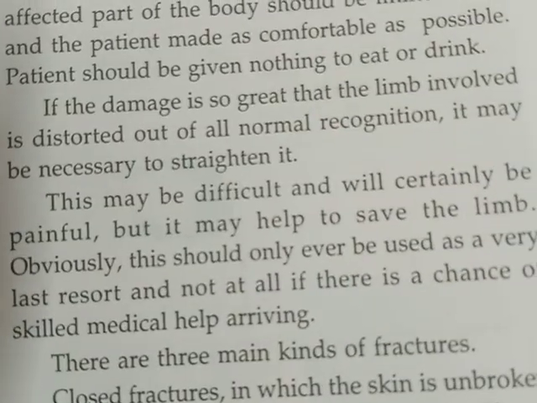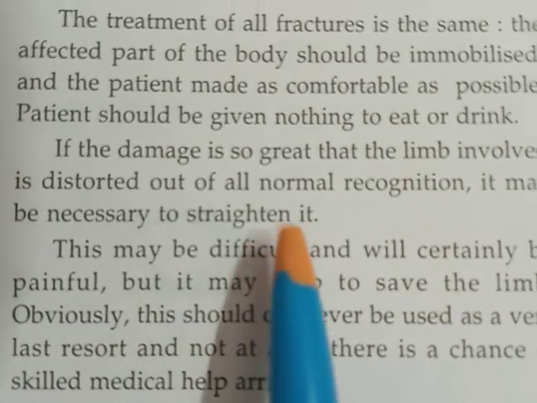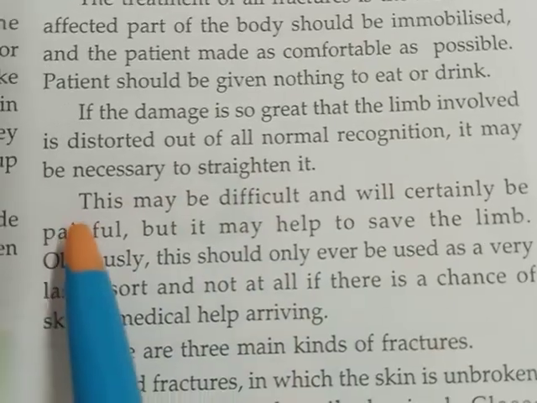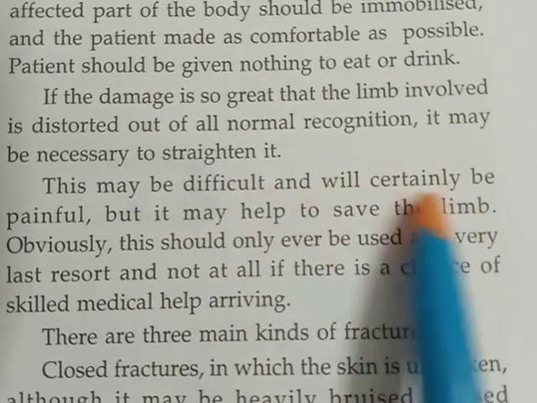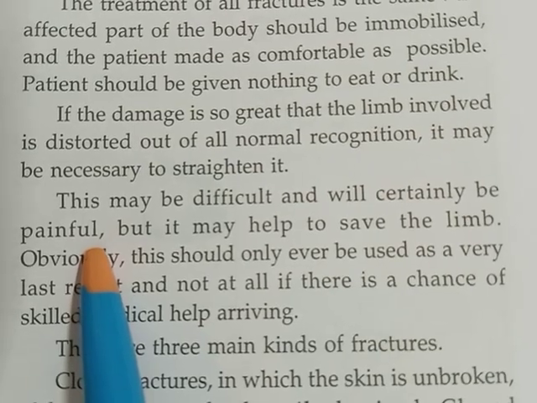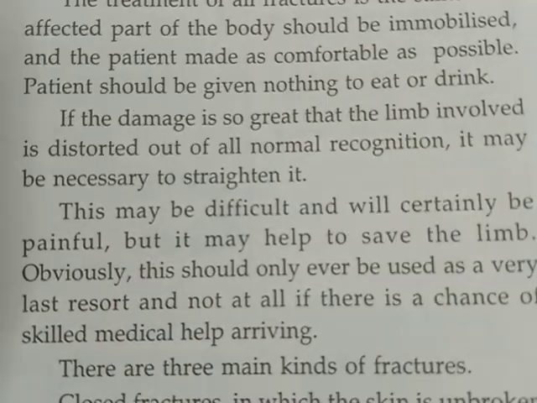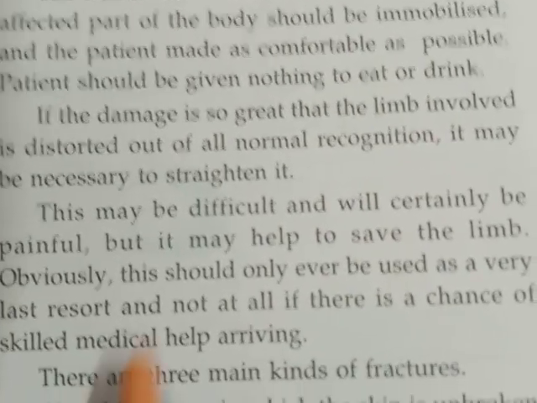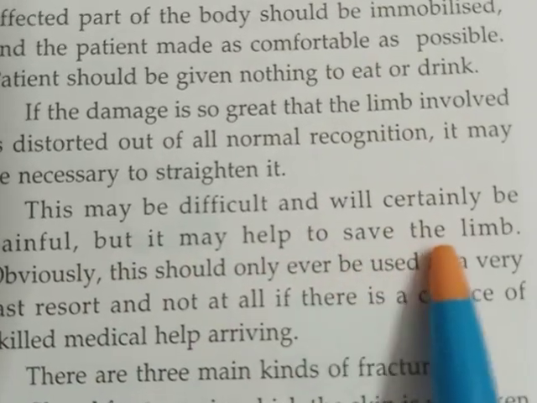That is very, very important. That means that distorted shape should be straightened. This may be difficult and will certainly be painful. See, to bring the distorted limb to its original position is very, very painful. But it may help to save the limb.